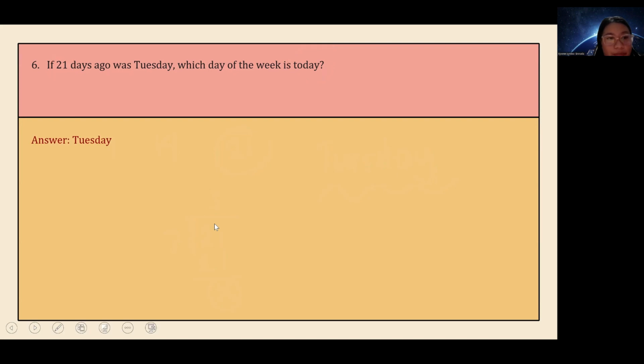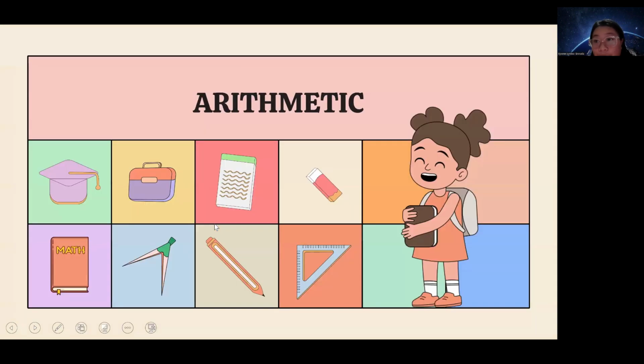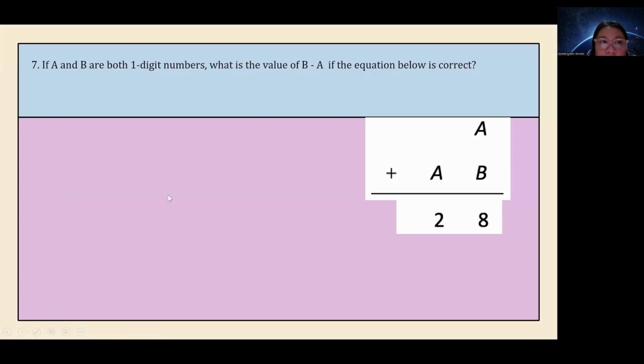Next, number 7, which is already in arithmetic. If A and B are both one-digit numbers, what is the value of B minus A if the equation below is correct? Okay, so you have to take note that we are adding our numbers in column.